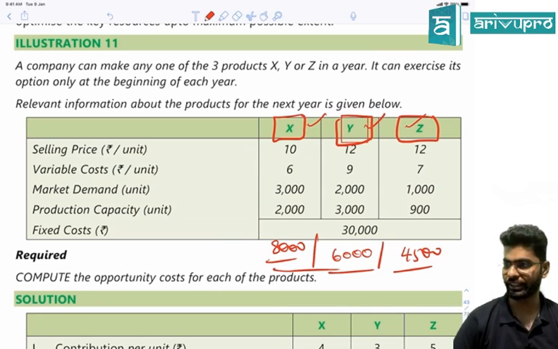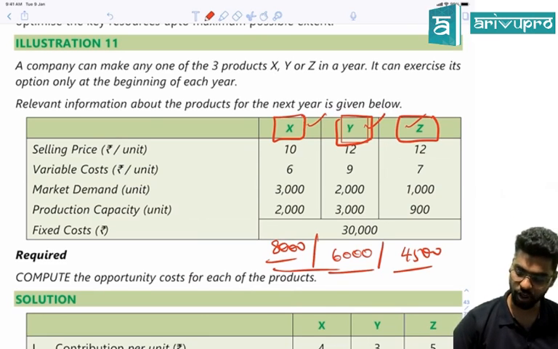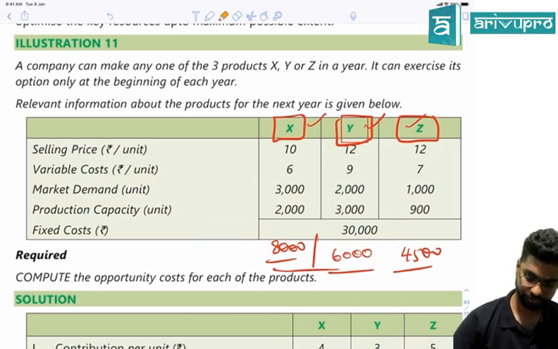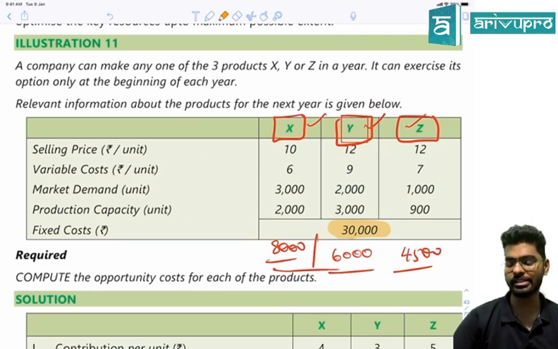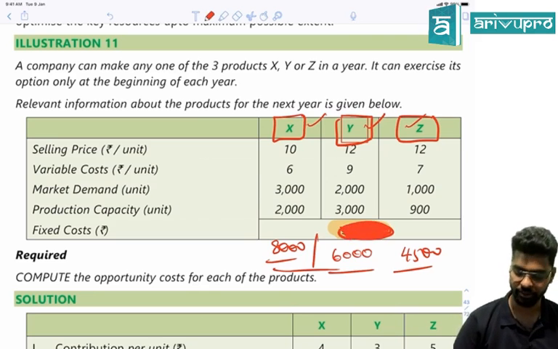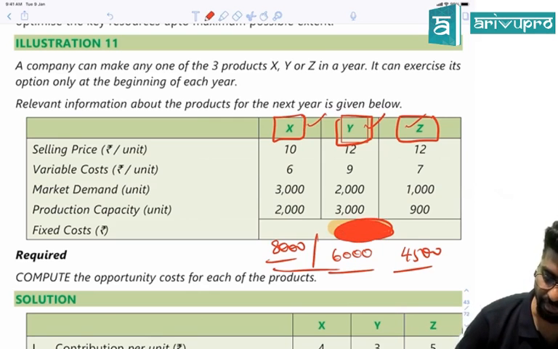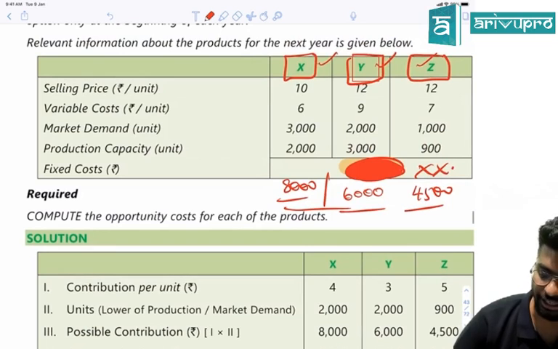Whether I produce 1 unit or 10 units or anything, this fixed cost will not change for me no matter what happens. And since it's not going to change, it is not relevant. Guys, see here, if I produce X, I will make 8,000, I will lose 12,500.